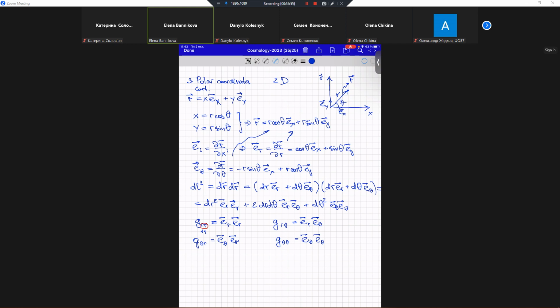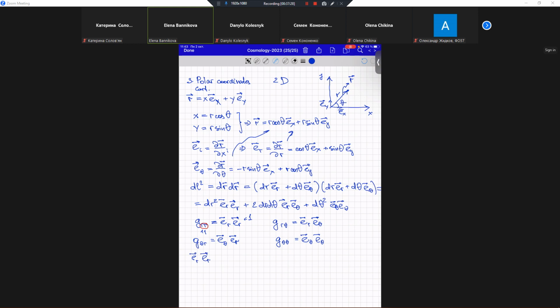So this is the representation of the components as a product of the basis vectors. Let's check, for example, that this is equal to 1.